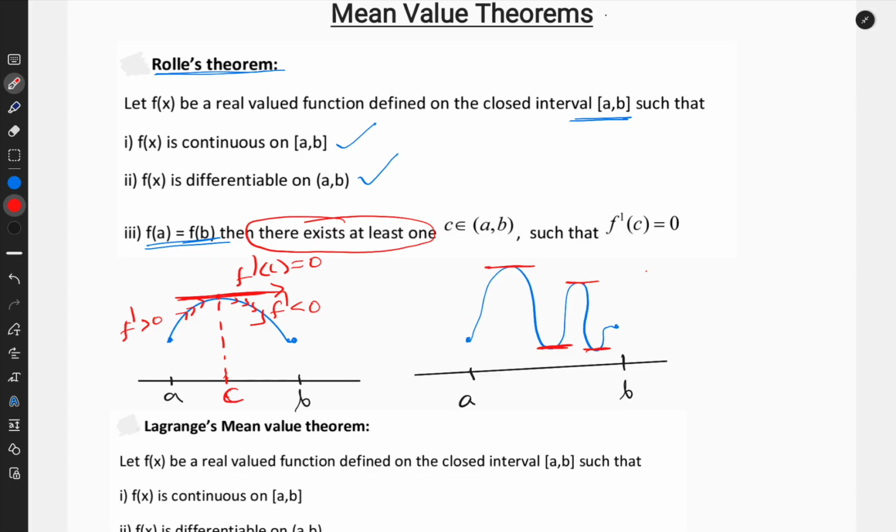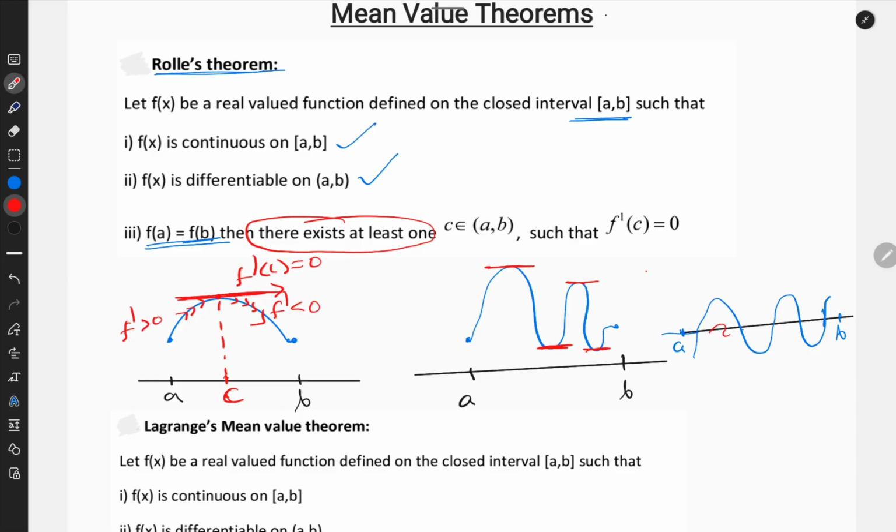A little bit of application of this is that suppose f is a continuous and differentiable function, and f has 5 roots between a and b.